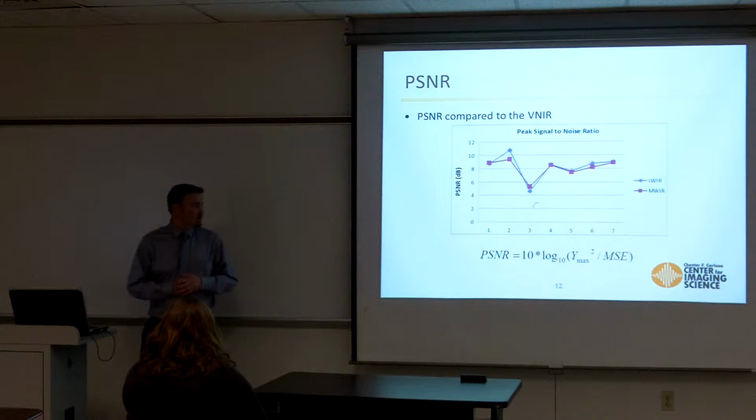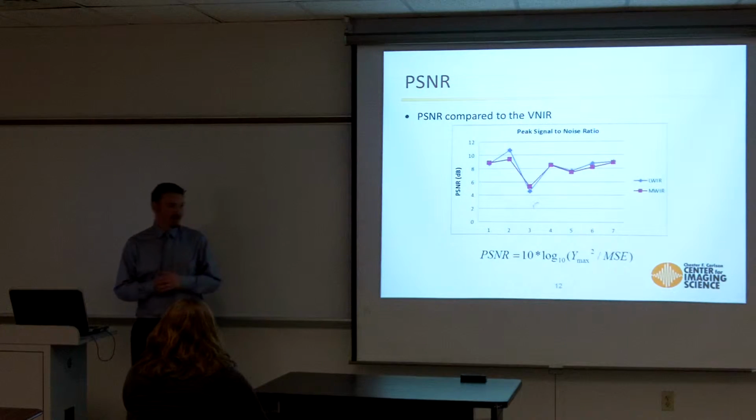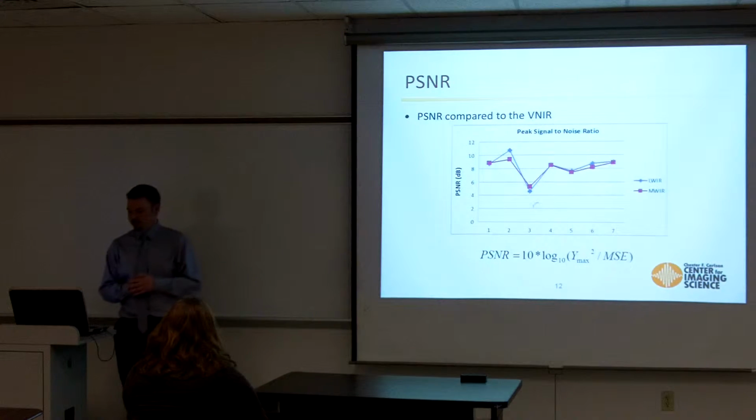They were both pretty good. Typically, PSNR is used for image reproduction, and you normally want about 30 decibels, but again, I'm working in long waves, different resolutions, so the fact that it was a little bit lower didn't bother me as much, and it was good to see that both of the wavelengths were correlated together.